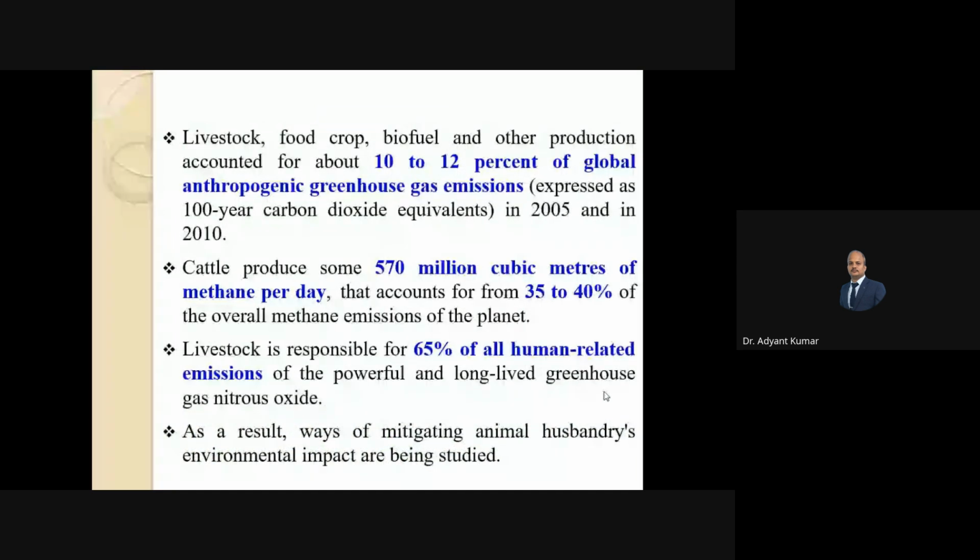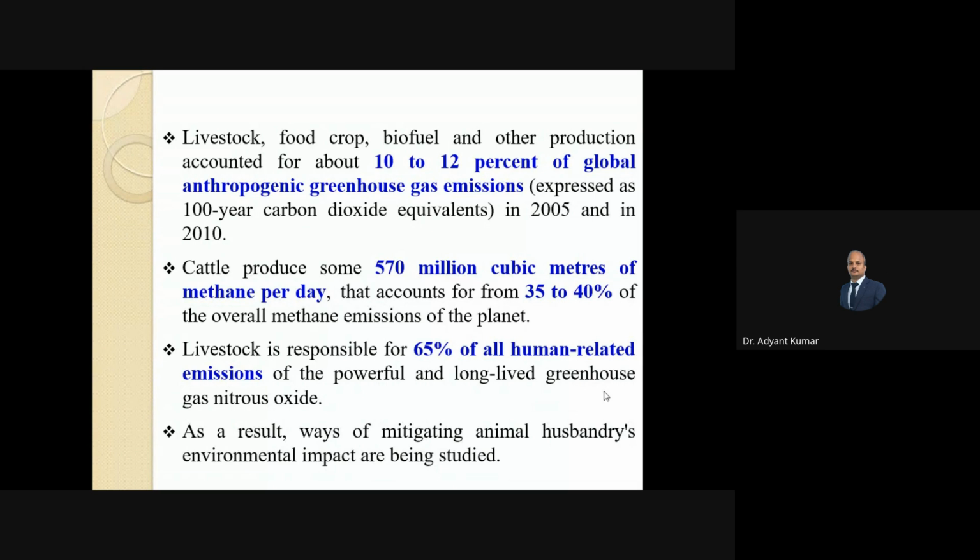When we opt for only livestock, not integrating it with other enterprises, then livestock contributed 10 to 12% of global anthropogenic greenhouse gas emission in 2005 as well as 2010. But what about the data of 2020, 2040 and 2050 onwards? What about our sustainable future?